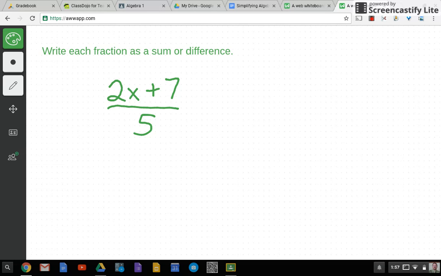So I would have 2 over 5, so 2 divided by 5, times x, plus 7 divided by 5, or 7 over 5. So this is it. I wrote that fraction as a sum or difference. So I'm basically adding those two fractions there, and I had to keep the x along with the 2. So there it is. That simple.